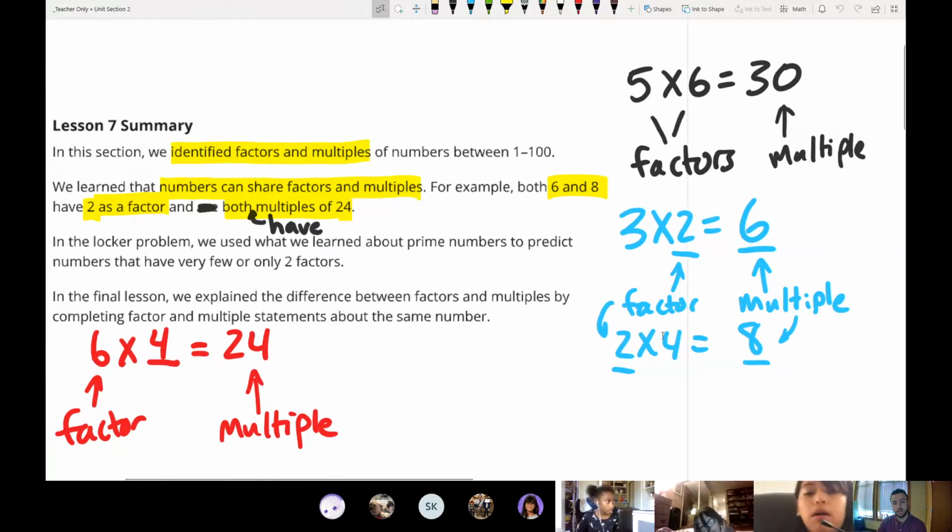We just showed over here that 8 is a multiple of 2. So can we show 24 as a multiple of 8? Yes. Okay, so what do we need to multiply 8 by to get 24?